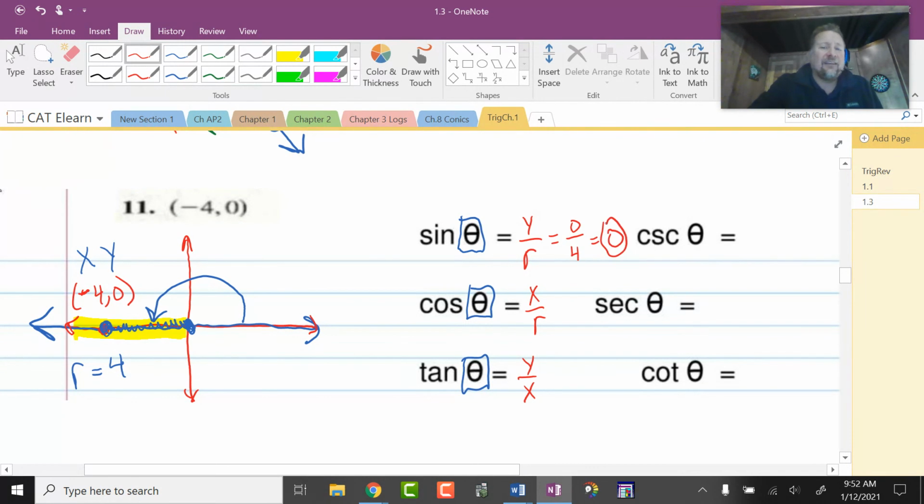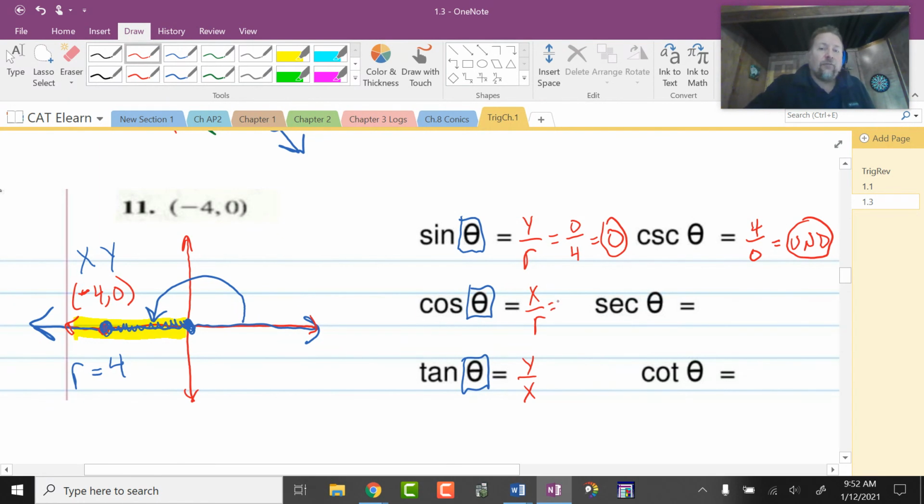It does make me a little bit sad, students, that even though I mentioned it in class first semester, 0 over a number is 0. You can divide 0 by a number. But when I flip it, go ahead and type it real quick, that's when you get undefined. So you are going to get some things that say undefined in trig because you can't divide by 0.